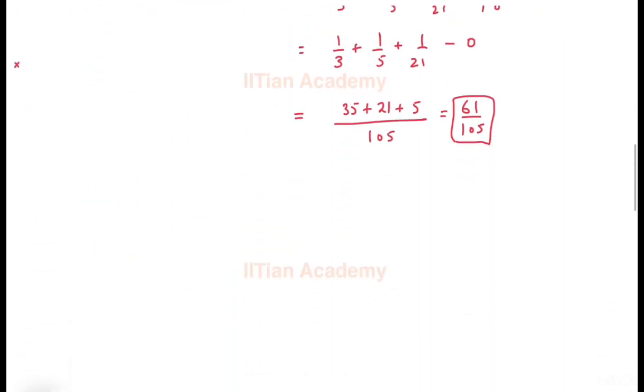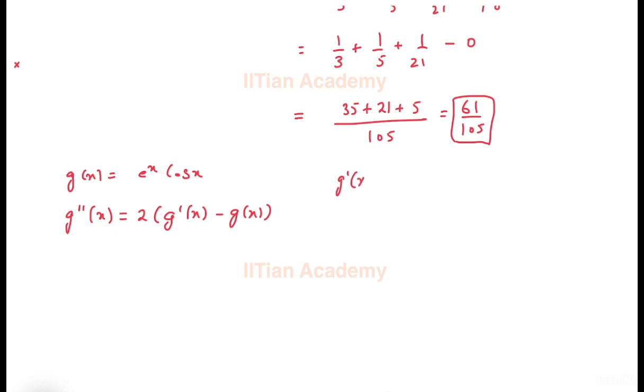So let us see what is the function g x. Function g x is e to the power x cos x, and the differential equation it satisfies is g double dash x, the second derivative, equals 2 times g dash x minus g of x. So g x is already given, and the derivative of this is e to the power x cos x minus e to the power x sin x.